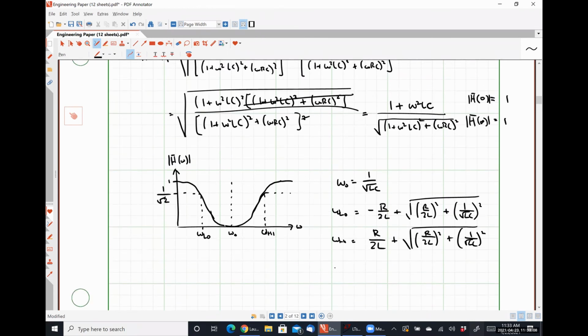And we're also going to have a bandwidth, which is omega high minus omega low, and it will still be R over L. So this bandwidth is telling us the frequencies that get rejected.